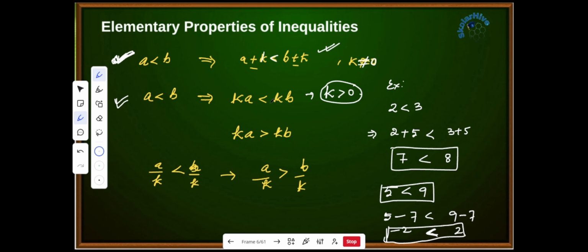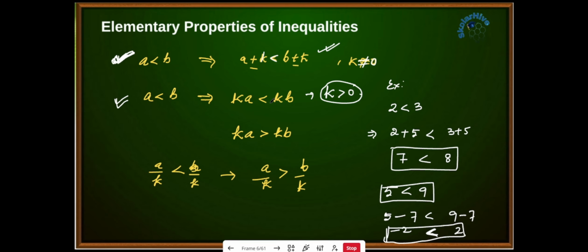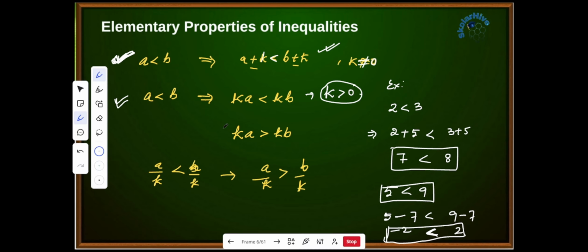That means if we multiply either side of the inequality by a positive number, the sign stays the same. But if the value of k is negative, then it will alter the sign of the inequality.